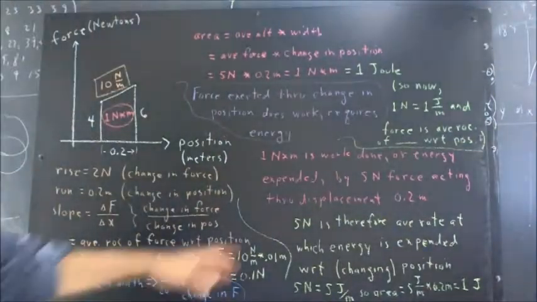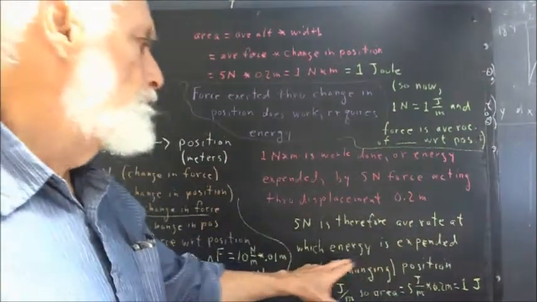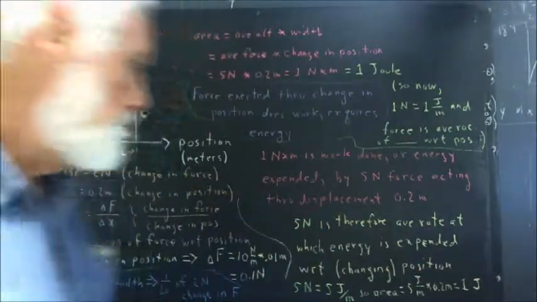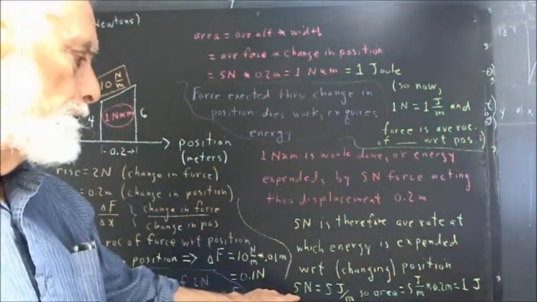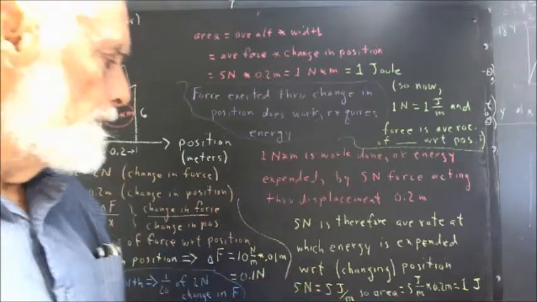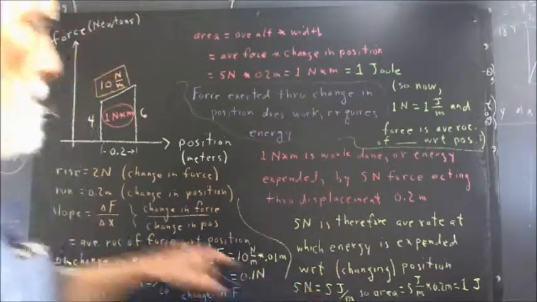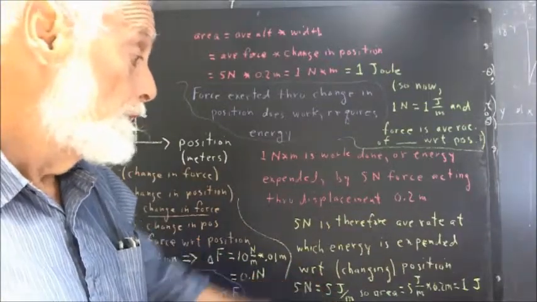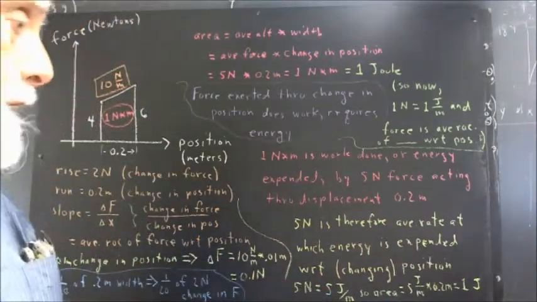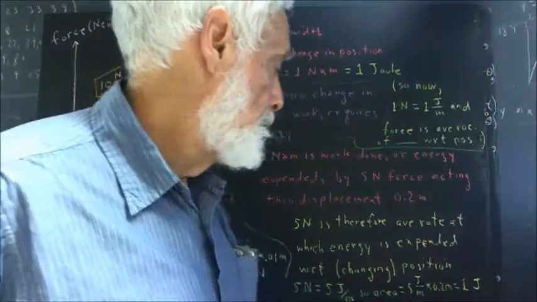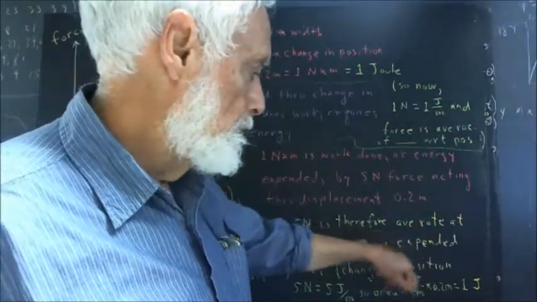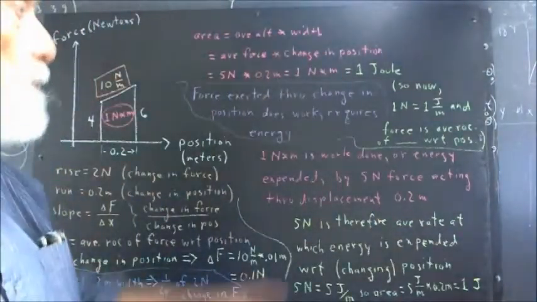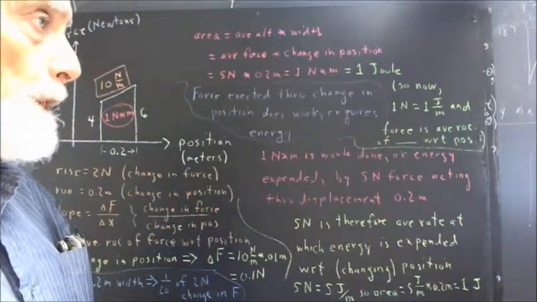And now we can say that 5 newtons is the average rate at which energy is expended with respect to the changing position. And 5 newtons, being 5 joules per meter, can be multiplied. That's our average force represented as 5 joules per meter, multiplied then by our 0.2 meter displacement, giving us 5 joules per meter times 0.2 meters, which gives us the 1 joule, which is of course the same as 1 newton meter.